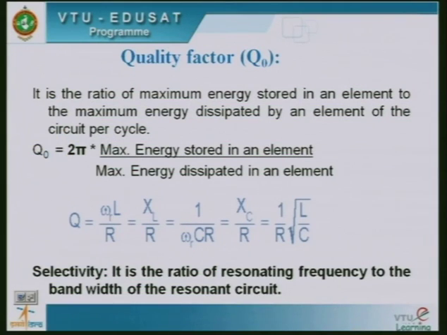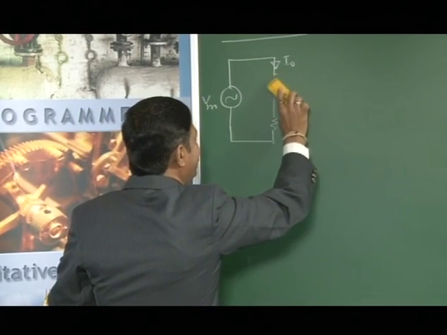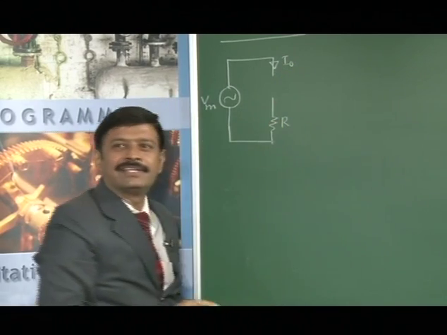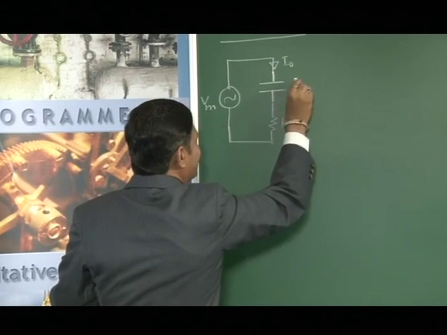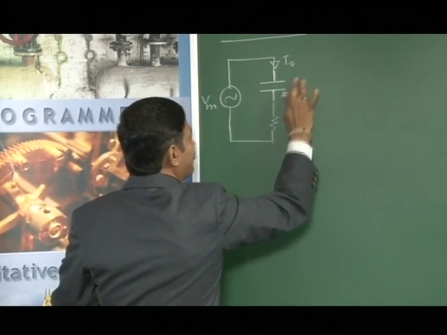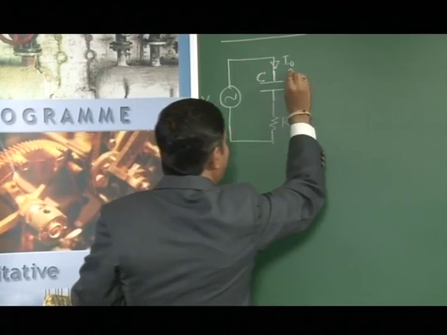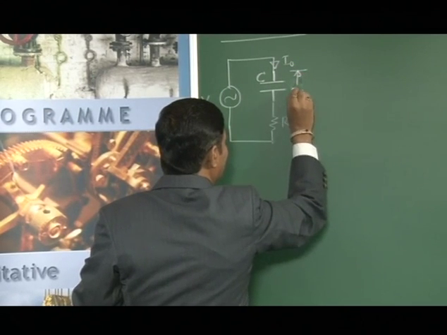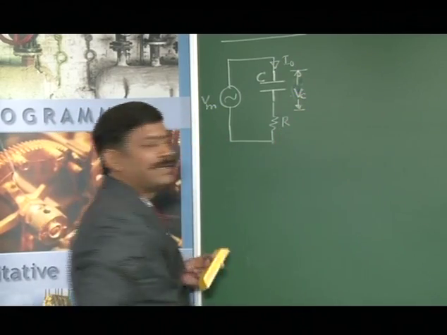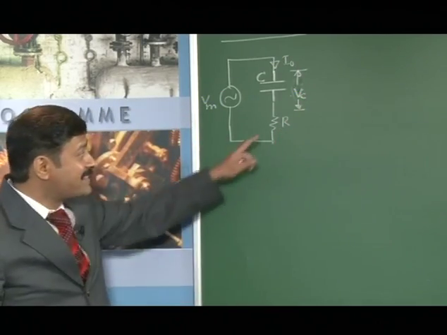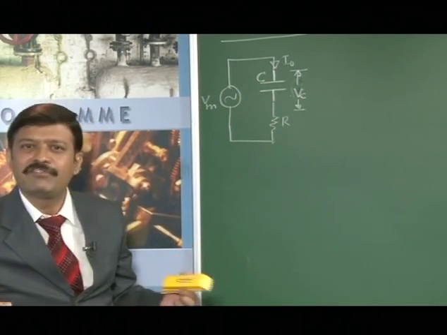In a similar way, instead of inductance, I will take capacitance. I will just replace the inductor with capacitor C. And voltage across capacitor, I will take it as VC. That means with resistance and capacitance also we can derive one more expression for quality factor.